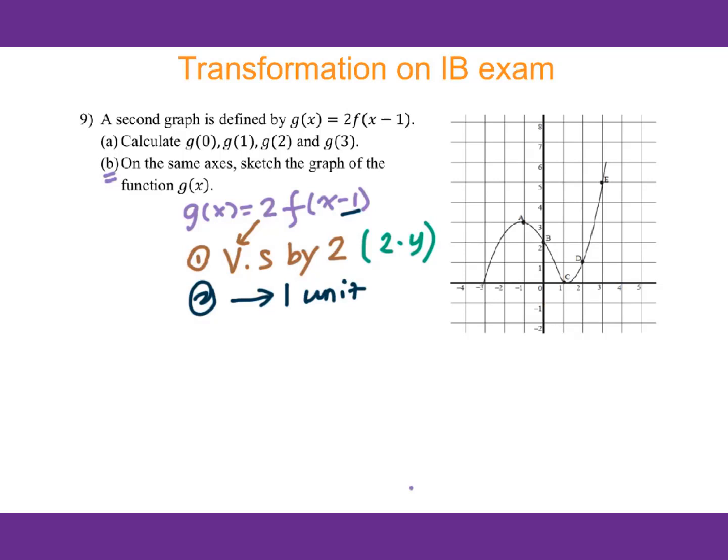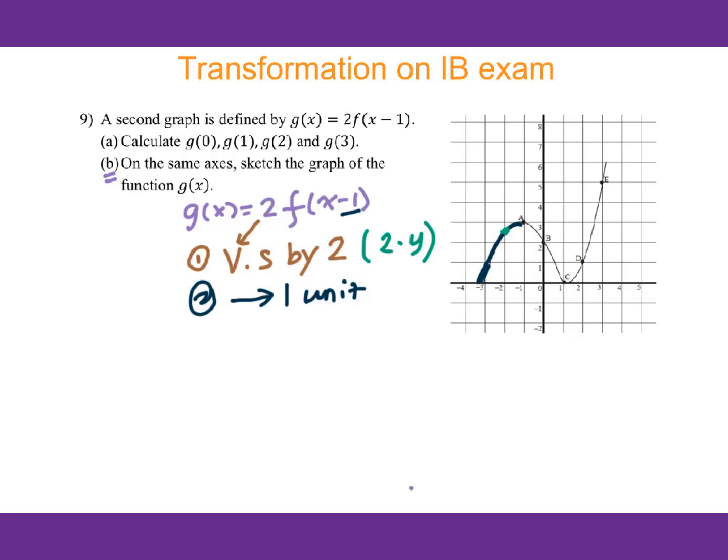Then on the graph, find the critical points. This is given as points A, B, C, D, E. And for this curve, you can find the critical points like this one. Think about this one is 2.5, or very close to 2.5.